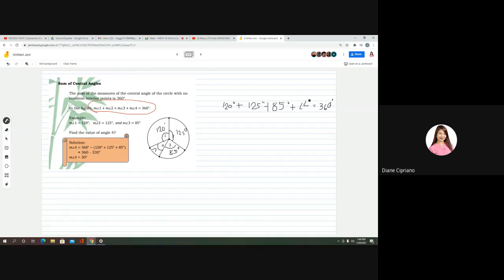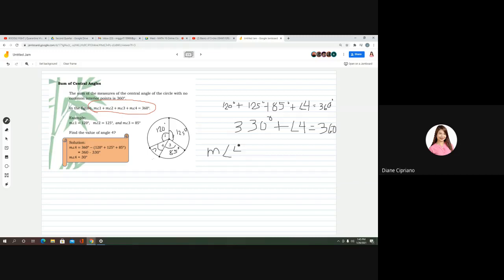So, the measurement of angle 4. Just add it up. You will get 330 degrees plus measurement of angle 4 is equal to 360. To get the value of angle 4, all you need to do is just to transpose it.